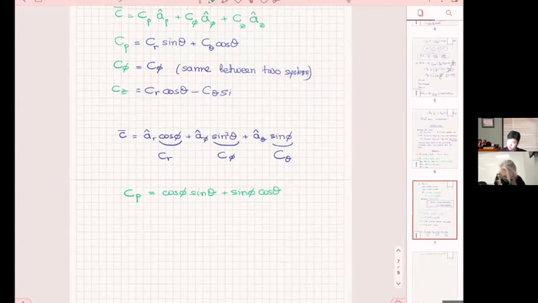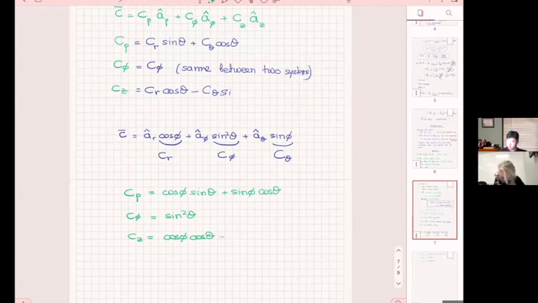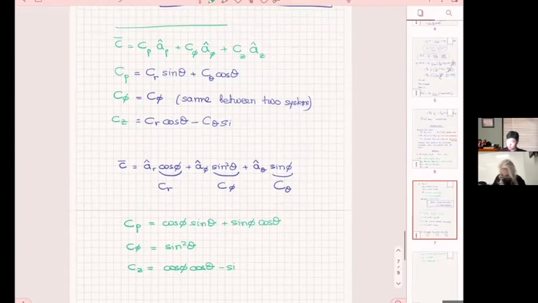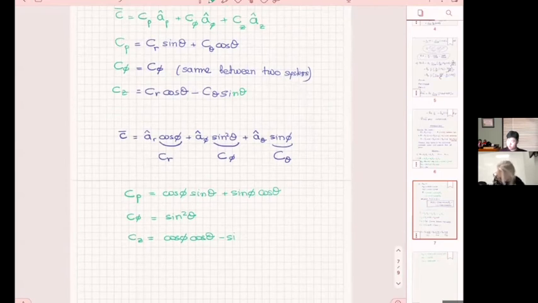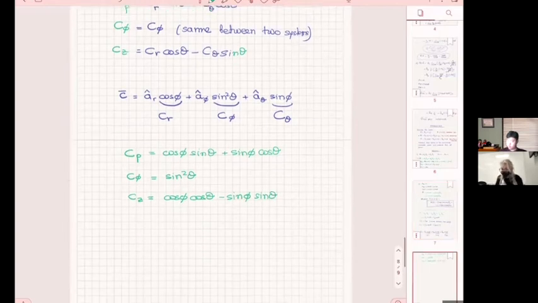All right, and C sub phi is sine square theta, and C sub z is cosine phi cosine theta minus sine phi sine theta. Okay, so that's what you get.